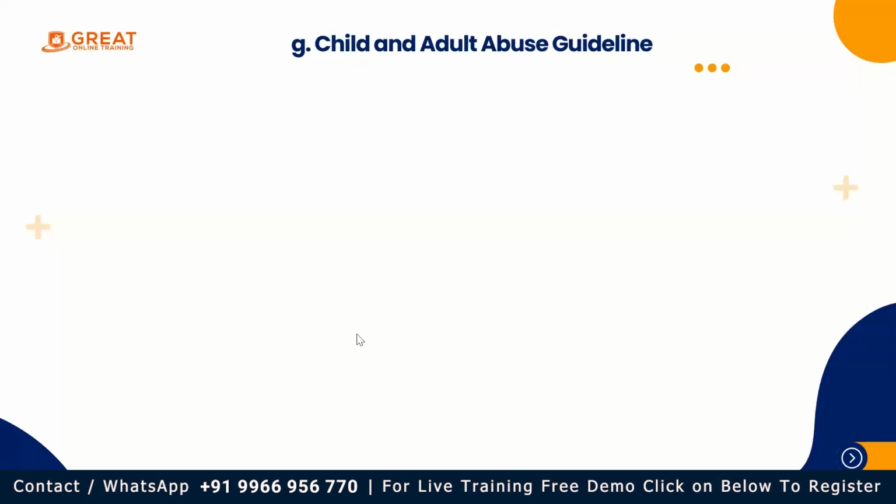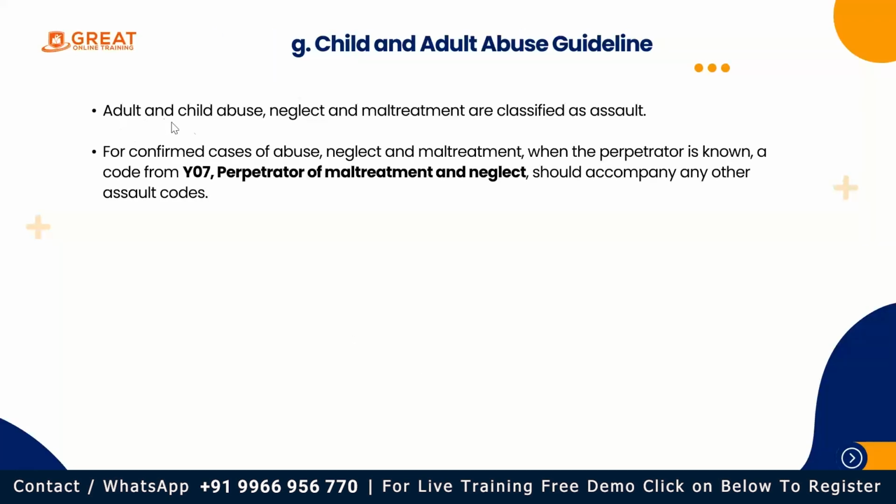So, child and adult abuse guidelines. Adult and child abuse, neglect and maltreatment are classified as assault.